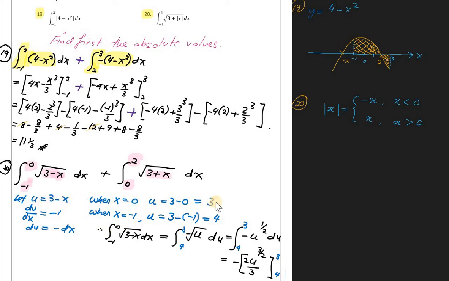So when x is 0, U is 3. When x is -1, U is 4. So accordingly, we need to change everything in terms of U, and the boundary as well, and then we integrate, and then we read the definite integral for it.